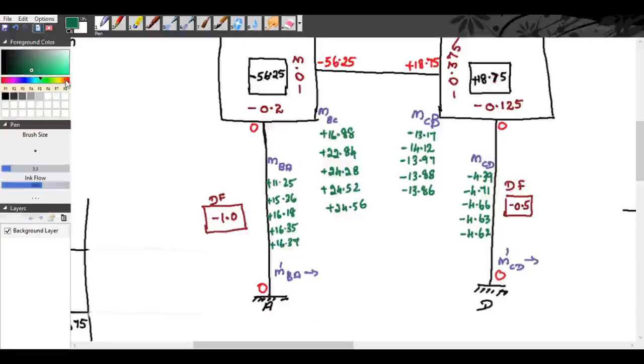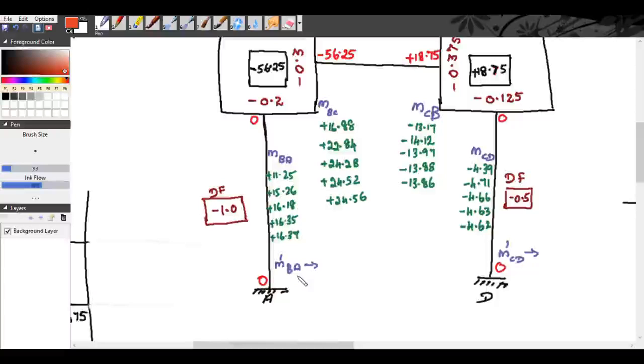displacement contributions. So the displacement contributions are M dash BA. For M dash BA, the values are minus 6.86, first iteration. Second iteration minus 10.55. Third iteration minus 11.52.